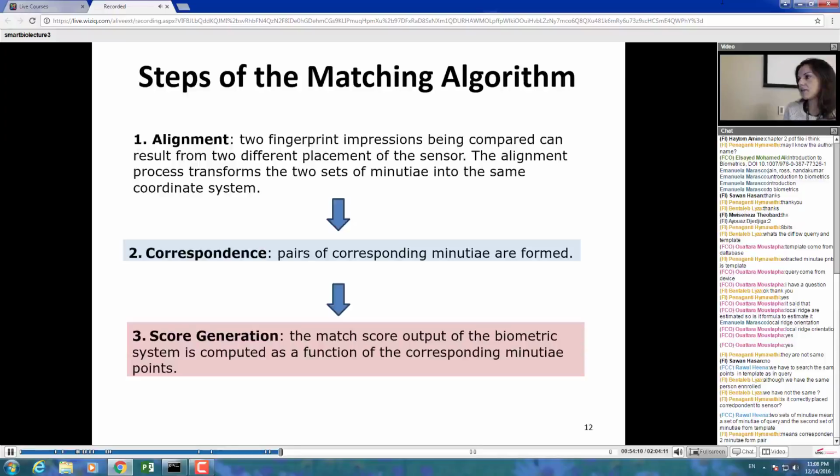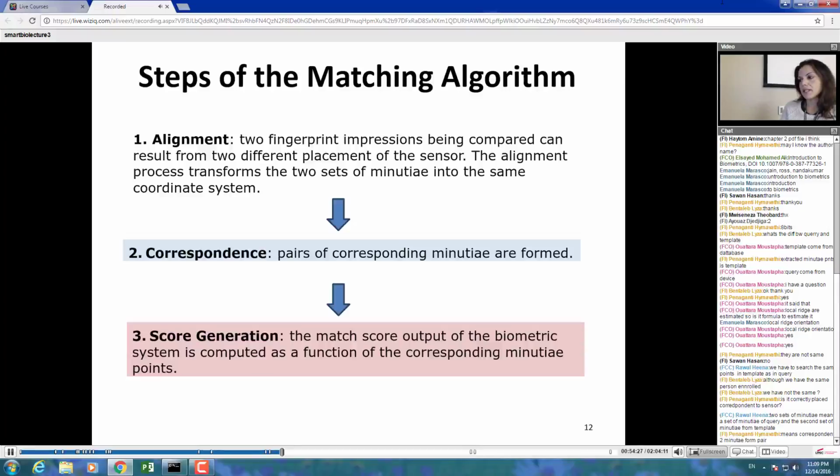I'm receiving some questions, so I'm going to read them out as well. Here, two sets of minutia means a set of minutia from the query and a set of minutia from the template. Yes, the answer is yes.